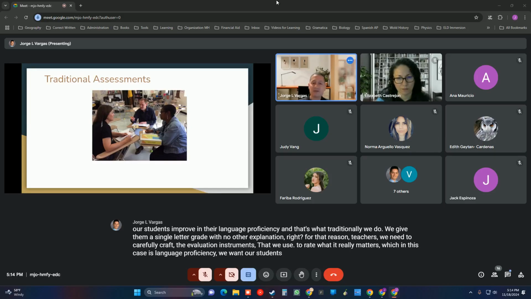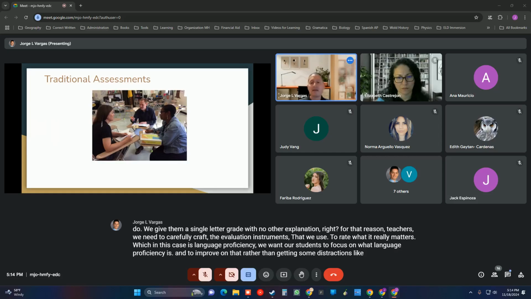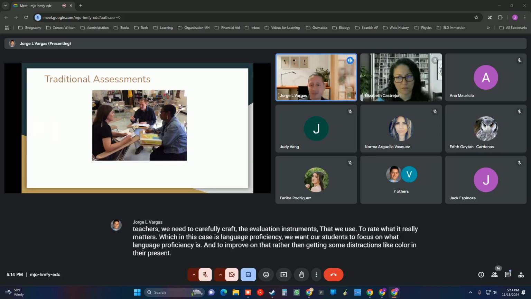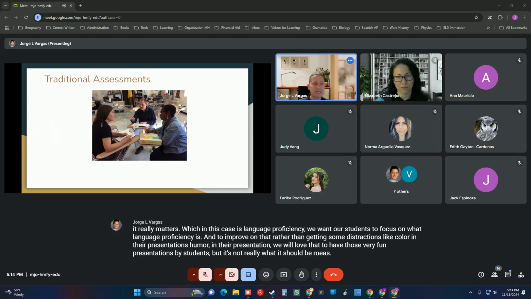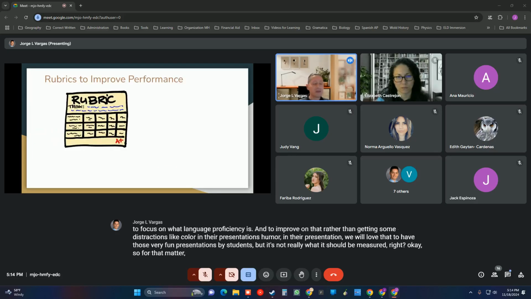So for that matter, we use rubrics to improve performance. Rubrics provide feedback based on criteria to improve the students' performance. Rubrics are a set of criteria that describe the expectations to evaluate students' performance.